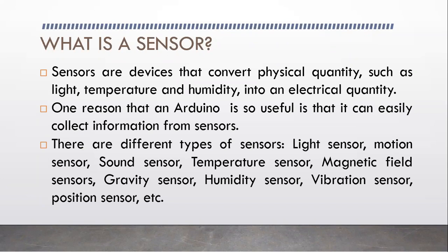Based upon the light intensity, the resistance of the photoresistor would vary, and using those values you could operate anything: you could control the light intensity, turn on the fans, or send some signals also.